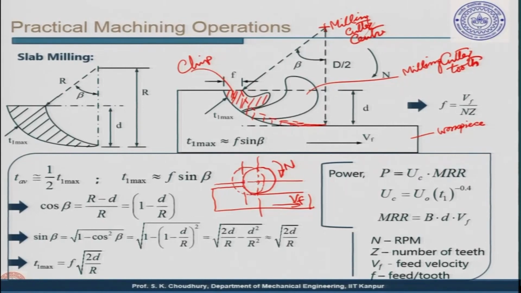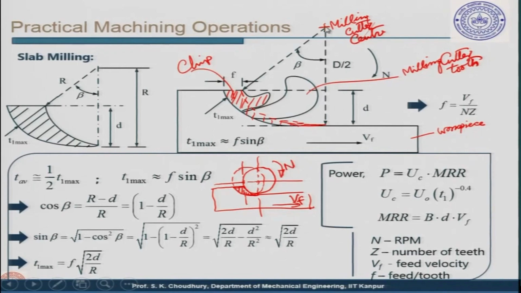So, this is the chip that will be formed, and this chip is shown here, from one position of the milling cutter to another, because of the movement of the workpiece in this case. Sometimes the milling cutter also moves. If the milling cutter is moving from here to here, in these two positions, the chip will be like this.